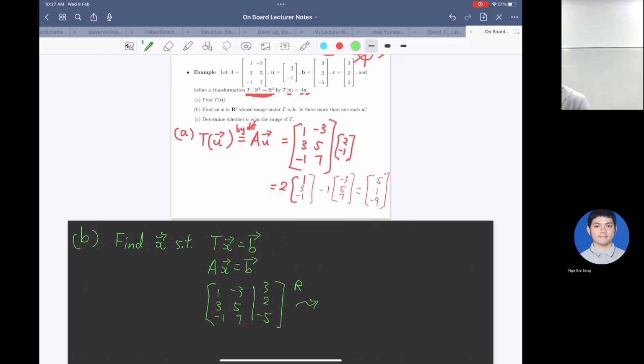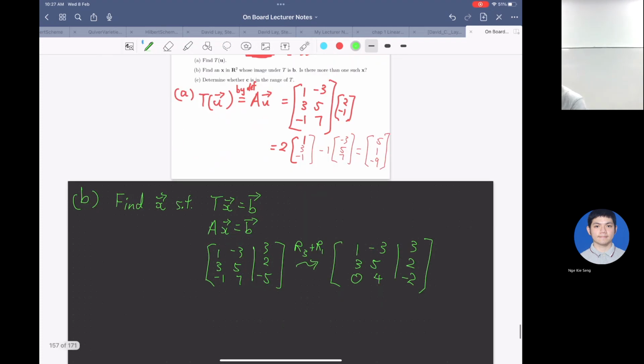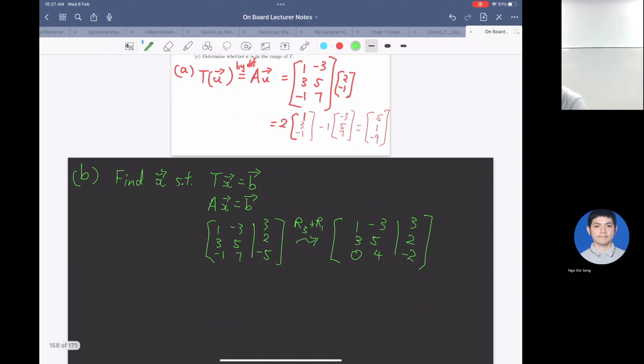Maybe you can do R3 plus R1. What do you get? 0, 4, and minus 2. How about row 2? Row 2 minus row 1 is what?